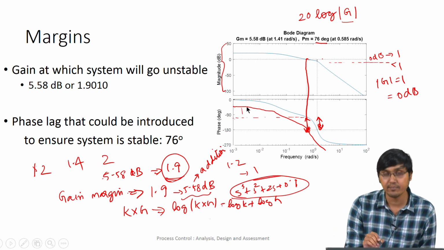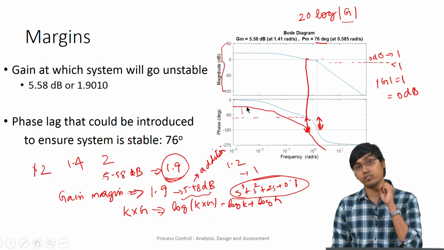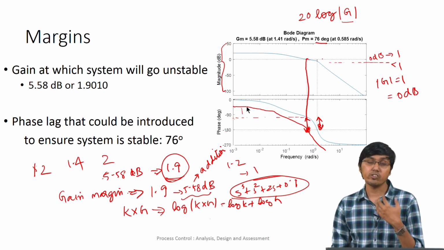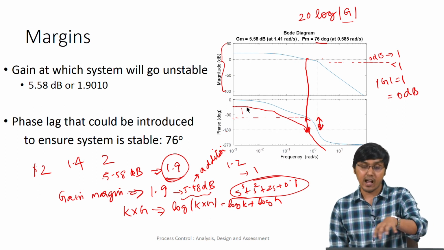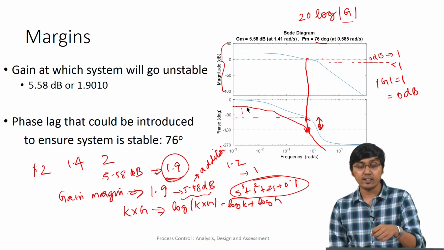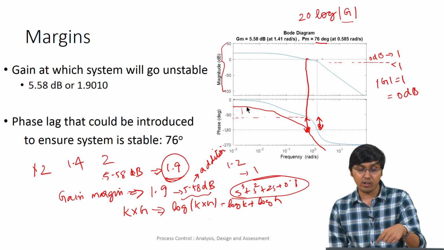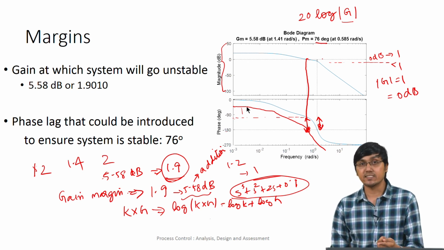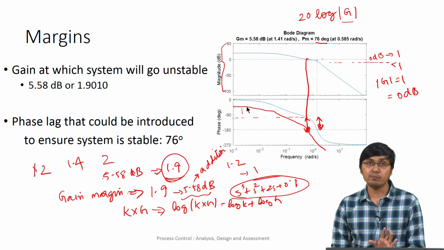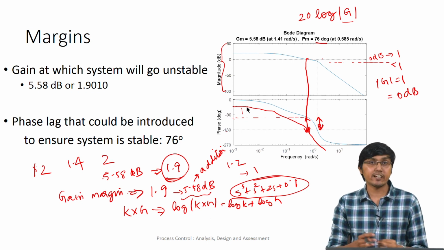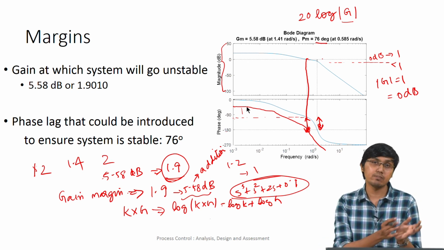So minus 180 degree and minus 90. If you made a mistake in modeling, or if you introduce some other component which introduces a phase lag without changing the amplitude, then only if you introduce a phase lag of 76 degrees will the system become unstable. So I can make a mistake of, say, 10 degree phase lag, but the system will still be stable.